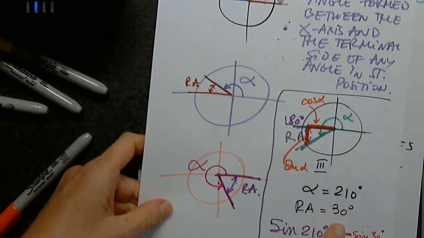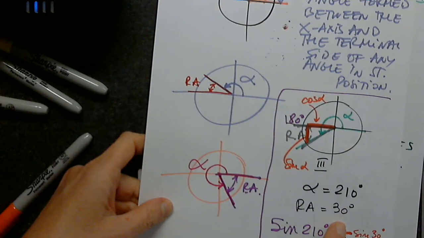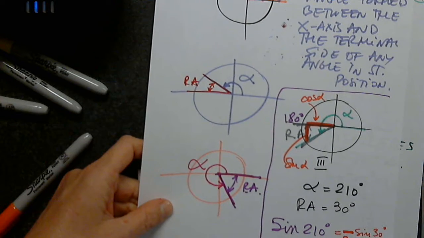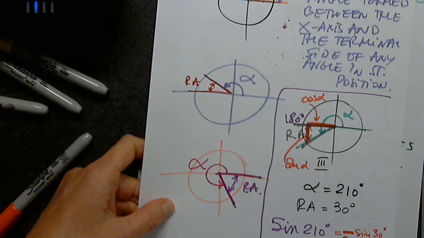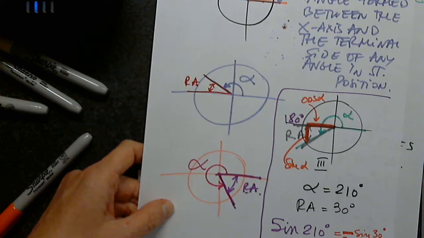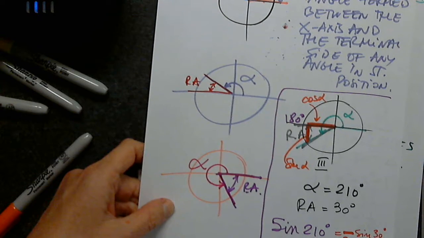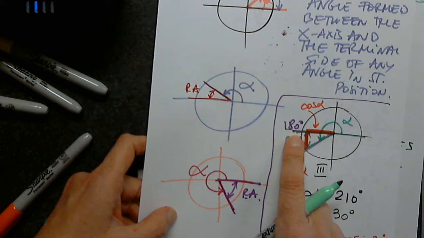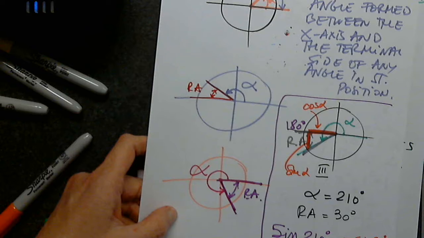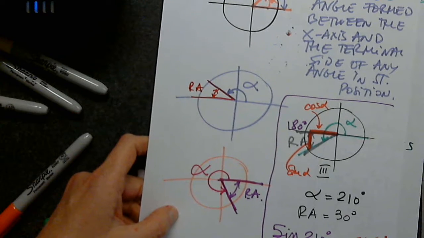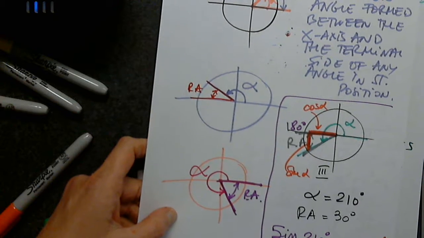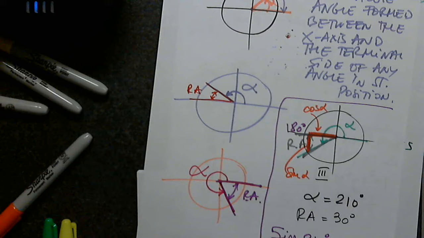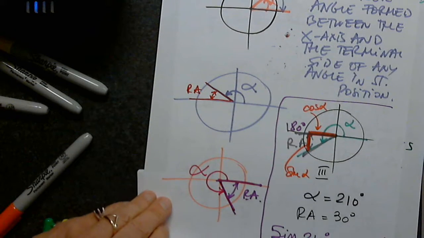Whatever the reference angle is, we are limited by hand to three angles: 30, 45, and 60. That's it. If it's 185 degrees, we can't do it by hand. We have to use the calculator, because the reference angle would be 5 degrees. I have no idea what sine 5 degrees is. No one does. We have to use the calculator.